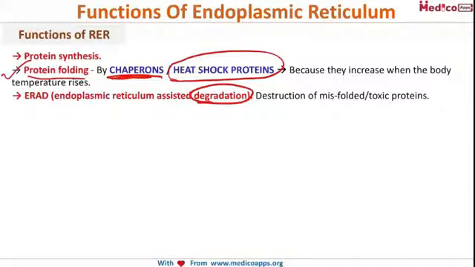However, if the protein folding does not occur properly, that is if the proteins get misfolded or there are some toxic proteins, in these two cases endoplasmic reticulum assisted degradation occurs. Okay. That is ERAD. Now, the significance of this process is that when such misfolded proteins are not degraded, they lead to diseases called prion diseases, right.